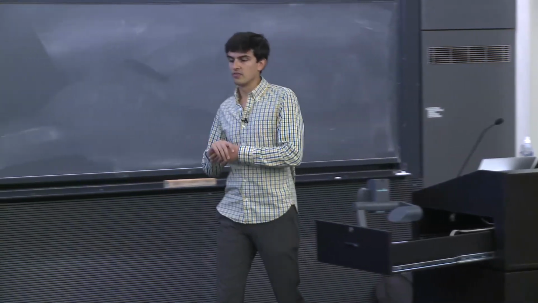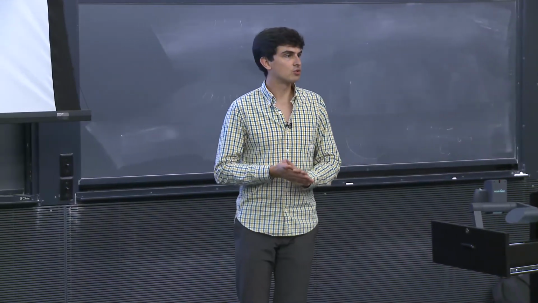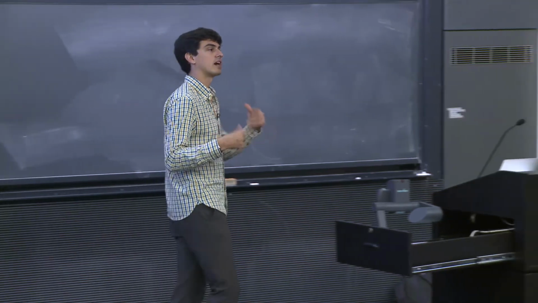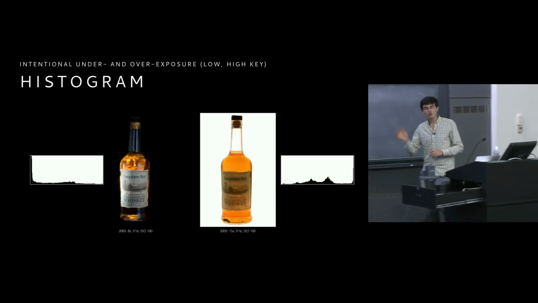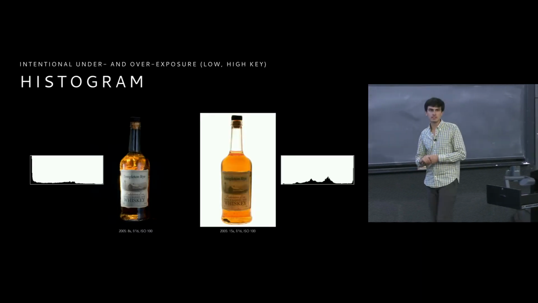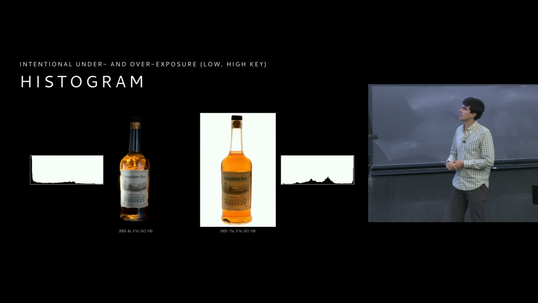So a couple more examples of under and overexposure which really flattened the histogram a little bit are these bottles that we showed for low and high key examples to try to eliminate the background entirely by either blowing it out entirely or overexposing it completely, as is the example on the right, or making it totally underexposed and therefore losing all the detail to shadows, as we did on the left.